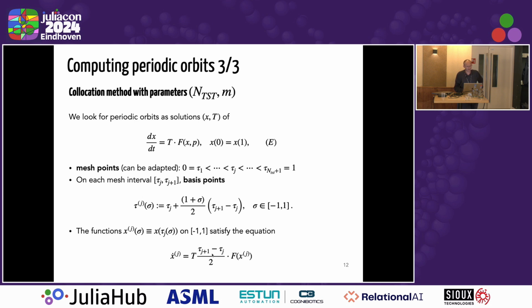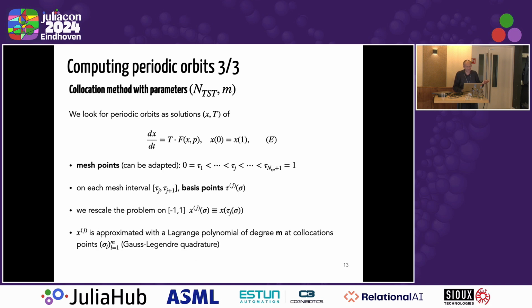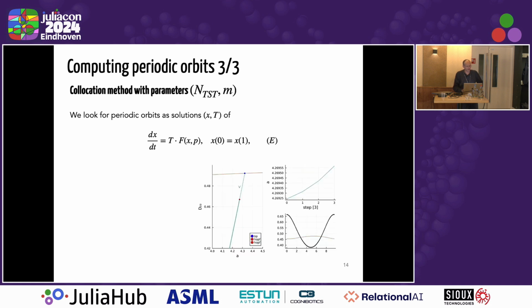So now I have changed a bit the period by a multiplicative factor. And on each one, each x_j is going to be approximated by a polynomial of degree m, a Lagrange polynomial. So that's the basics of the method. And you can see it here in use.